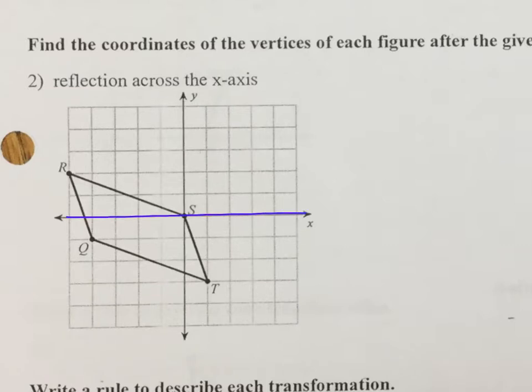The S is on the x-axis, so it stays exactly in the same place. This T right here, he is 1, 2, 3. You go 3 down to get to the T. So I want to go 1, 2, 3 up. That's my new T.